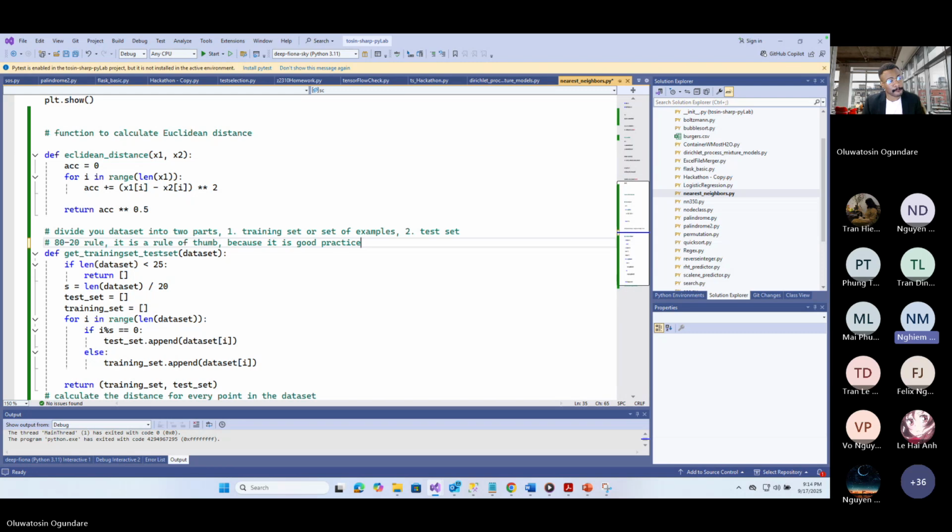Yeah, I was wondering if we do like a 50-50 rule, would it yield different results or doesn't it matter? You could use another rule that makes sense, and if it's a rule that is consistent in the problem space, then your result should be good. So I wouldn't say it doesn't matter. Imagine that instead of doing 80-20, I'm doing 75-25. There are some problems where it will matter.